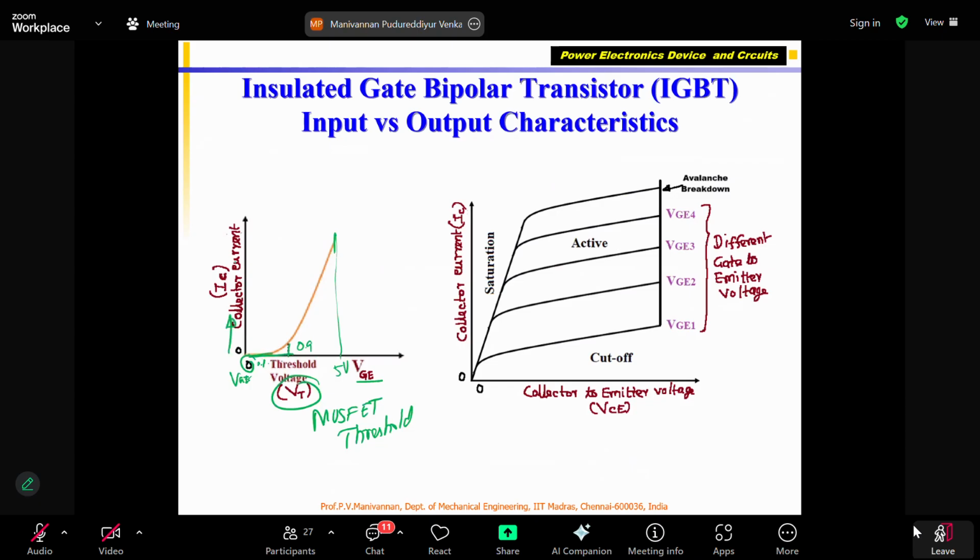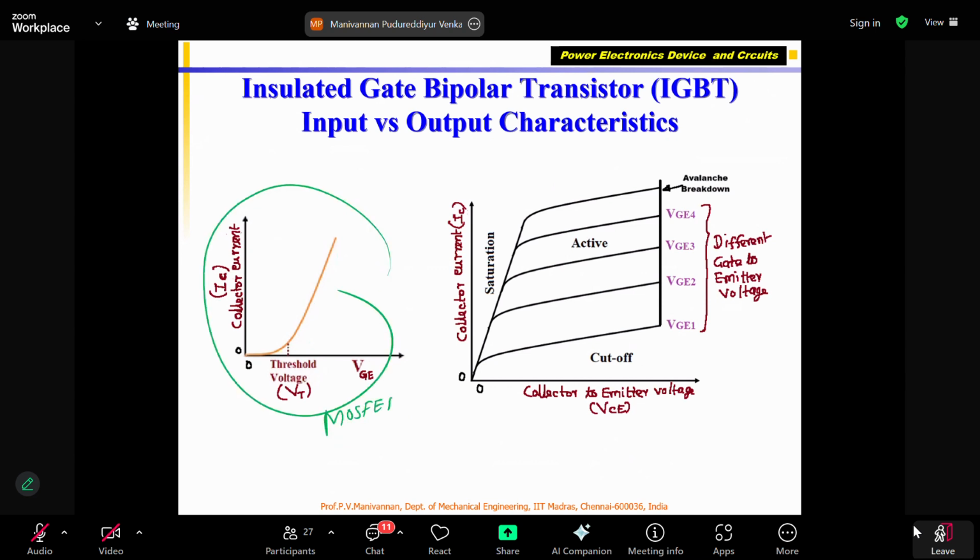Y is the IC, the output current. Input is the gate voltage of the MOSFET. Output is the collector current. As I increase the voltage, you see the current is not there. Once I cross the threshold voltage, which is 0.9, you can see that the current immediately starts increasing. This is called the input-output characteristics of the MOSFET. Okay, but this is the input stage, the MOSFET.